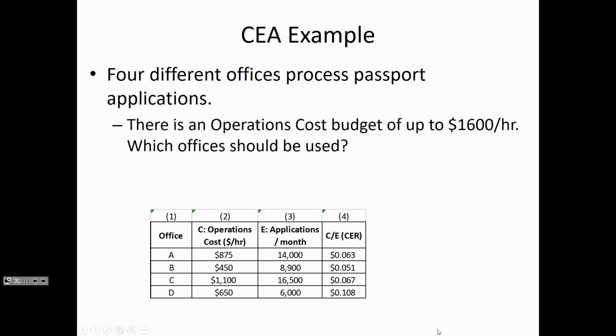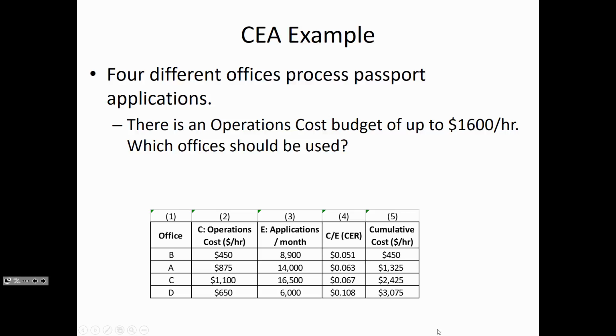And so the lowest one is Office B, which is 5.1 cents in terms of dollars per hour per application per month. And so what we can do now is sort it, simply putting the cheapest one first. And so that would be our first priority, to give money to Office B.